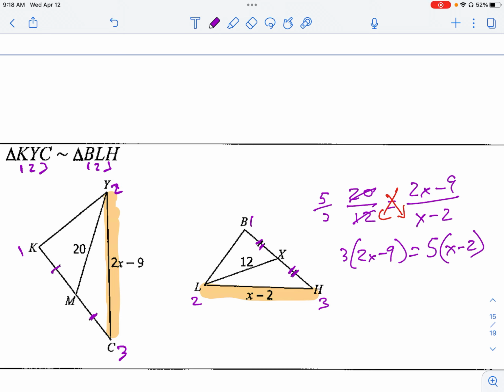And if you don't recognize that you can reduce them beforehand, it doesn't matter. You will get the same answer. The only difference between this example and the previous ones is that we need to distribute. So we get 6x minus 27 equals 5x minus 10. Make sure to double check your signs.